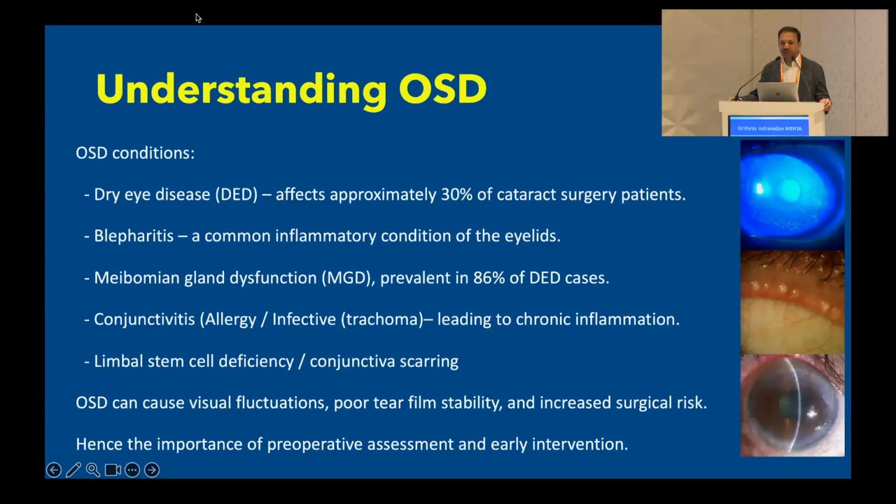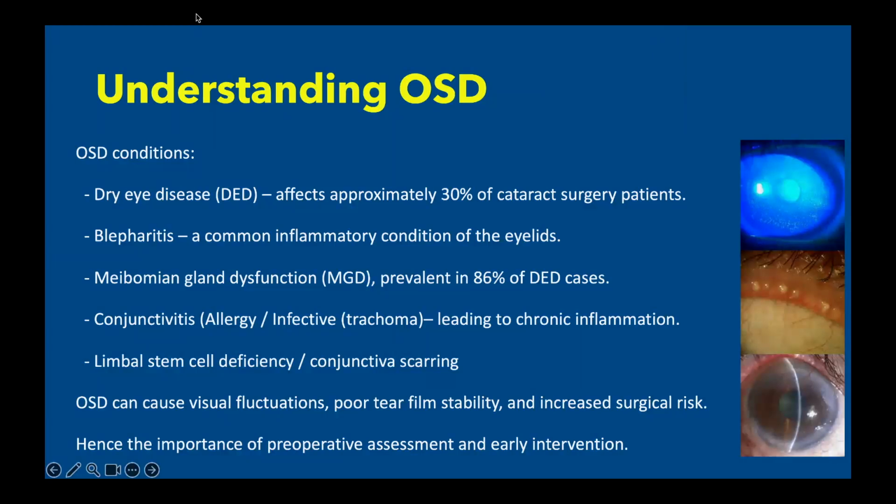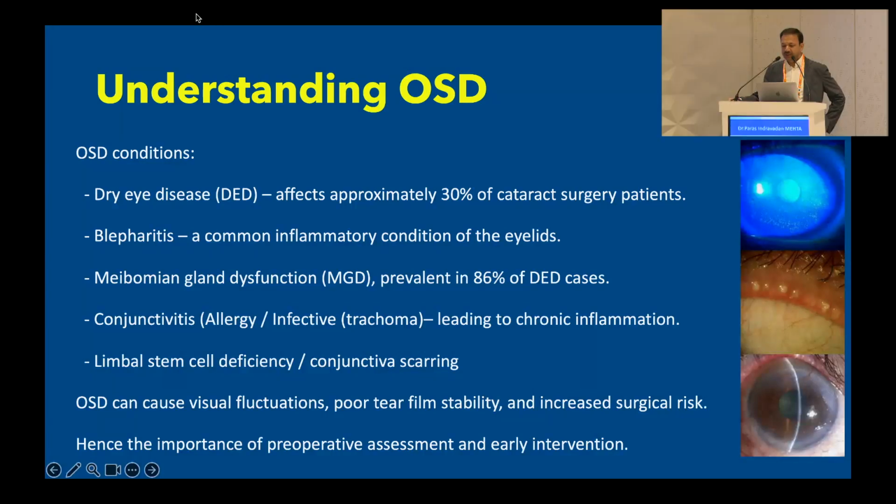Now you can have an actual dry eye situation where you have deficiency of tears. When you stain the surface, you can see surface staining, reduced Schirmer's, and the lower tear meniscus would be reduced in height. It can be seen in almost about 30% of the patients. But more commonly, what you would see is some form of meibomian gland dysfunction or blepharitis, which is quite common in the elderly population. You may see some chronic conjunctivitis as well, especially in people coming from the equatorial belt.